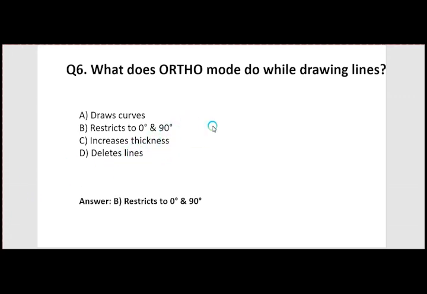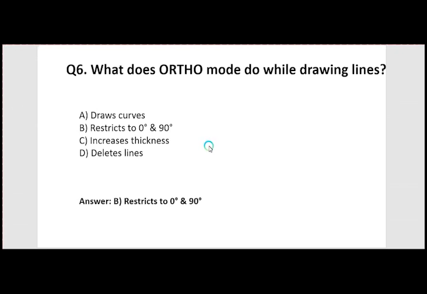Question number 6. What does ortho mode do while drawing lines? A. Draw curves, B. Restrict to 0 degree and 90 degree, C. Increases thickness, D. Deletes lines.